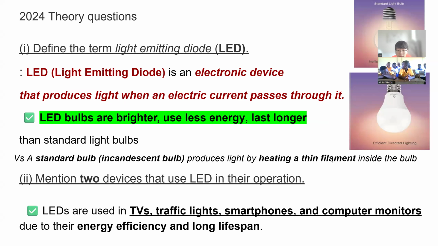So the basic difference is producing light or producing heat. Producing heat can also produce light, but that is how the standard bulb does it. An LED bulb directly produces light from the electric current.